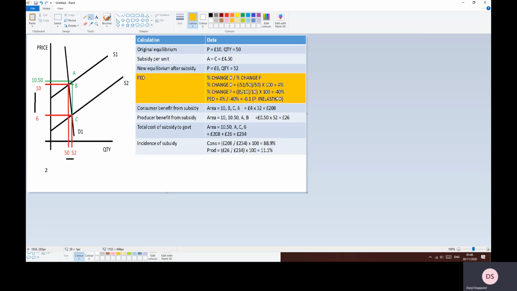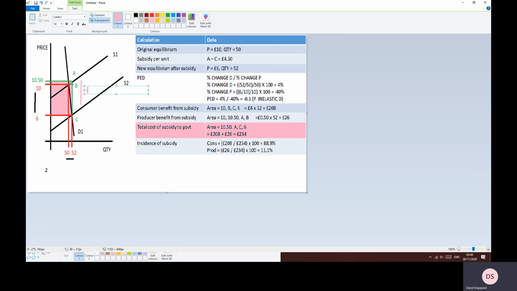Okay, so we now want to be thinking about, well, what is the incidence of the subsidy? Who benefits the most, the producer or the consumer, when we introduce a subsidy in this marketplace? Right, now, first things first, be quite careful with this. Right, now this pink area here would show the cost of the subsidy to the government. Now it's worth noting that what we've got here from A to C is the subsidy per unit.